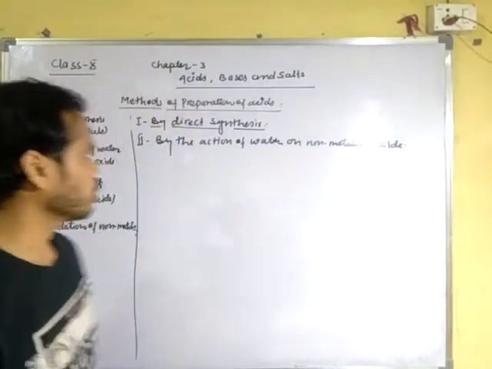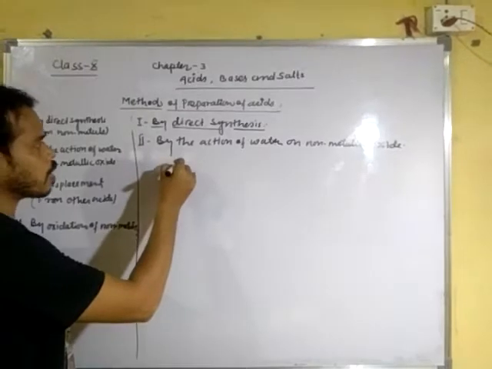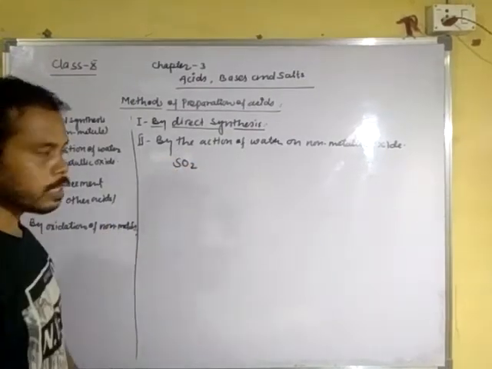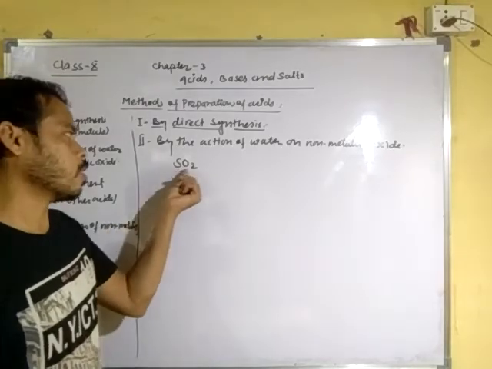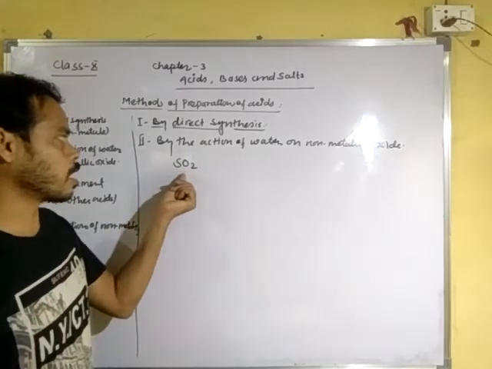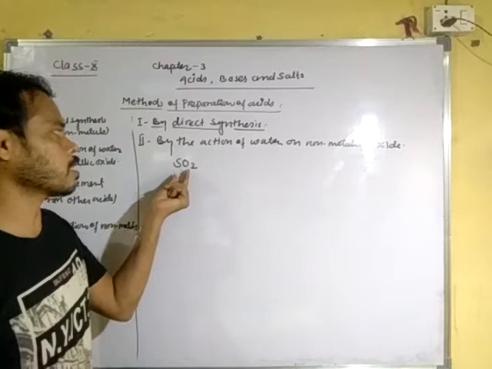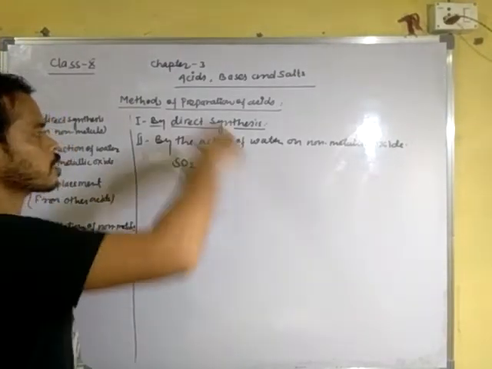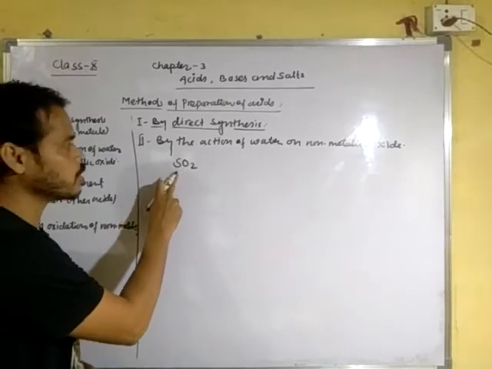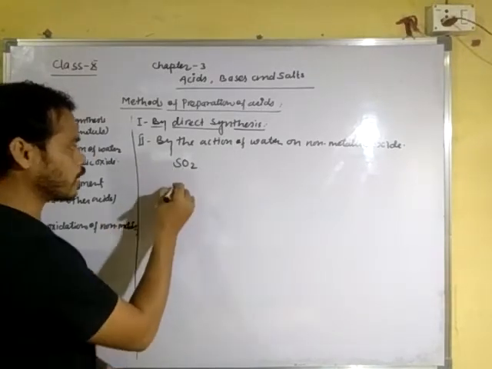Sulfur dioxide is a non-metallic oxide because sulfur is a non-metal and oxygen is combined with it.